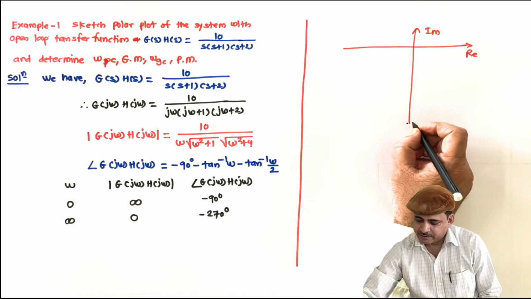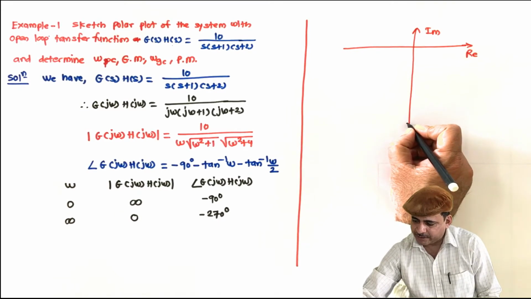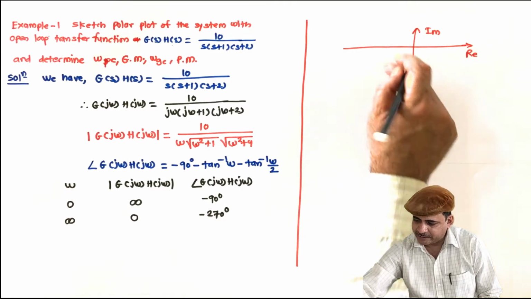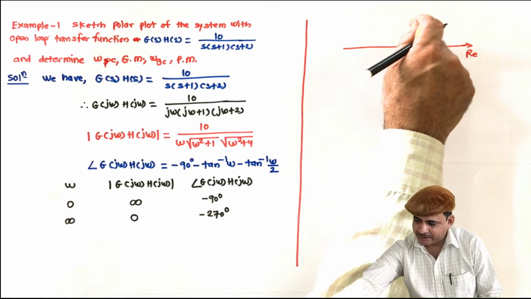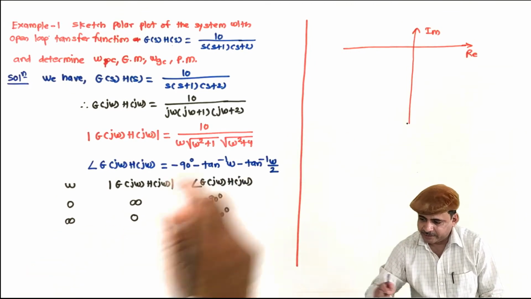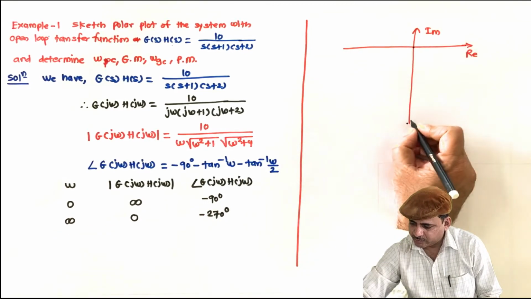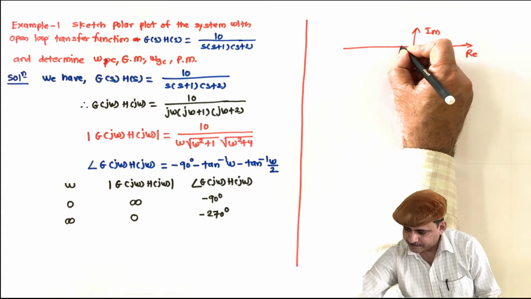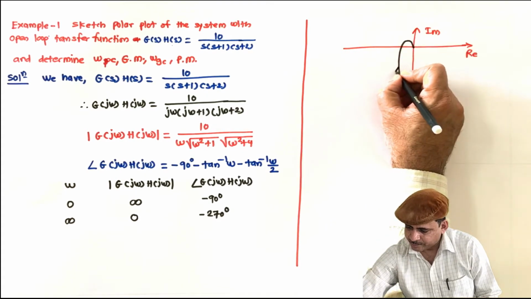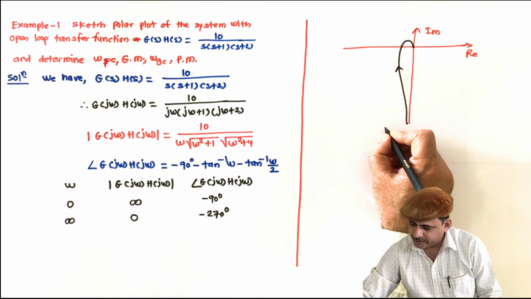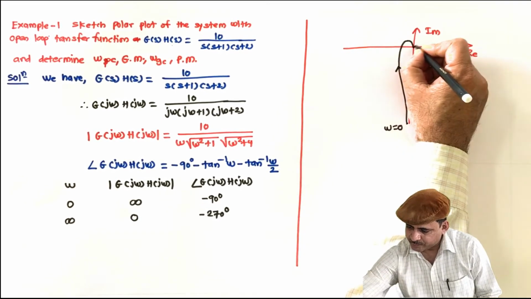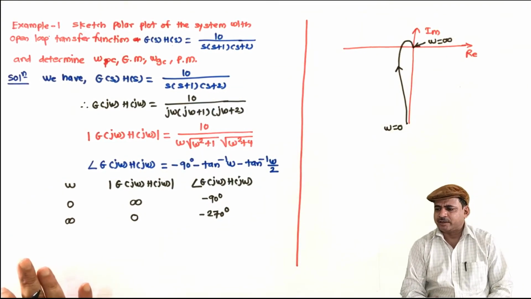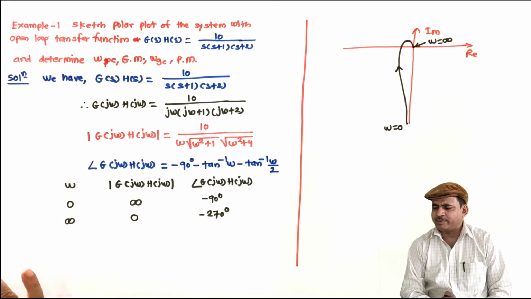From this, the magnitude is decreasing, meaning it is moving towards 0, and angle is minus 90, somewhere it will cut the minus 180 line, and then at omega equal to infinity it will be at minus 270. So, the plot will be like this. This point is omega equal to 0, and this is omega equal to infinity. This is not the exact to-the-scale plot, but it gives the required information.